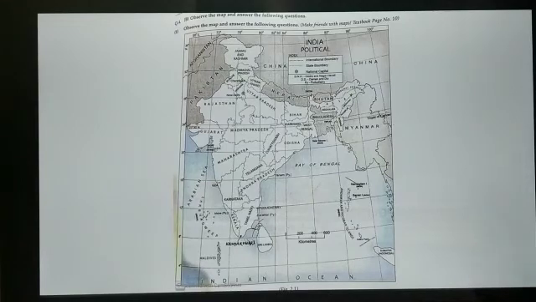So everybody is going to read your lessons carefully, and you are supposed to make notes of your important points, important places, latitudinal and longitudinal extent. All these points are very important in this lesson. So I hope you have understood this lesson well.